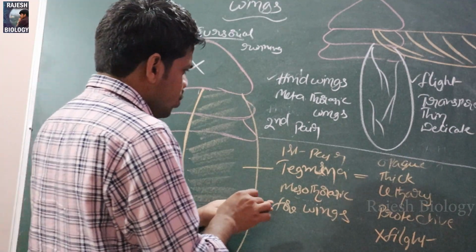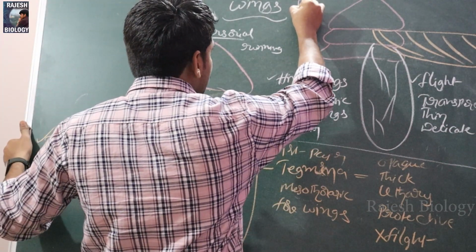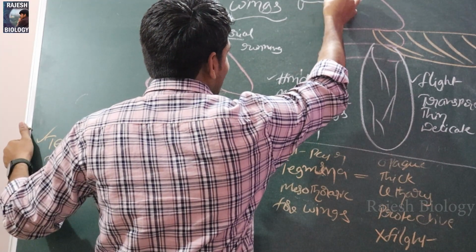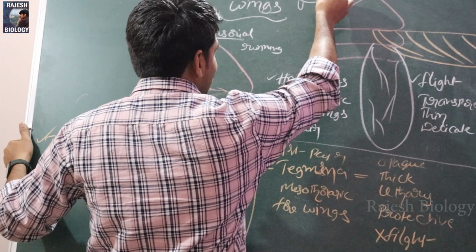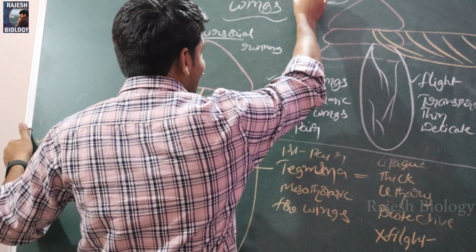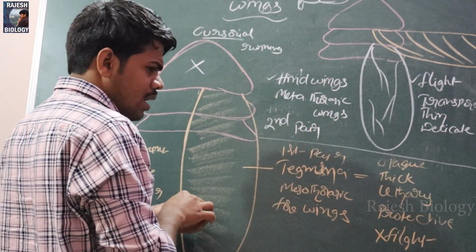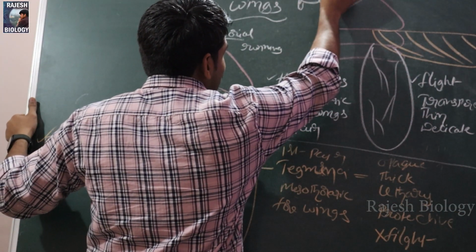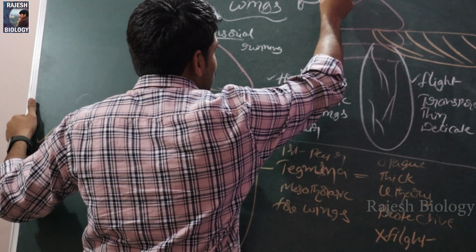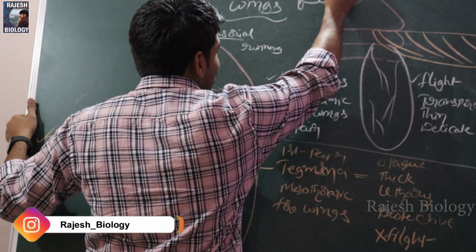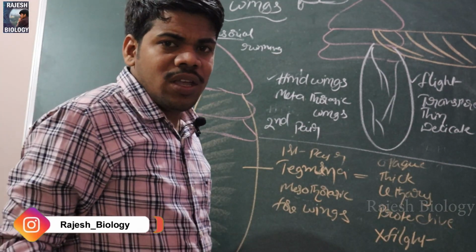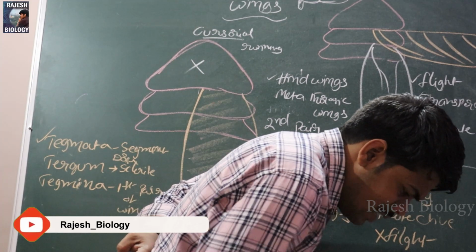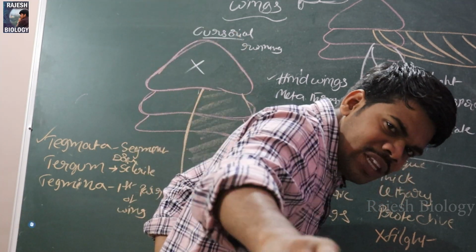If it is the cockroach, I'll show: thorax and abdomen, head, antenna, like this. The wings are moved in a longitudinal axis. If my body is the cockroach body, it is my thorax. The wings are not moved in this manner, just like the birds.